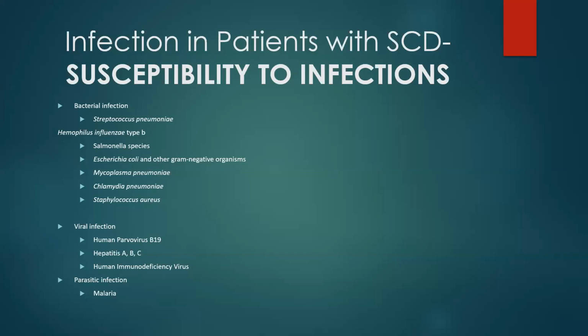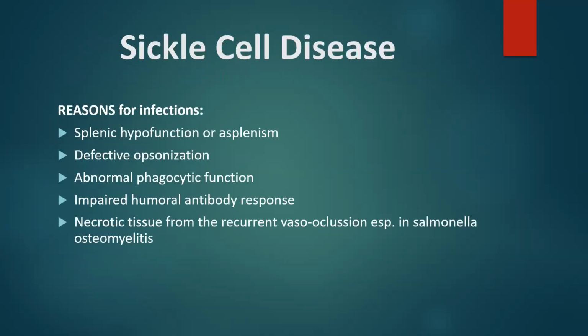When sickle cell patients come, we shouldn't forget to screen them for hepatitis C, especially because they are prone to hepatitis C infection. Malaria screening should also not be forgotten in patients with this condition.